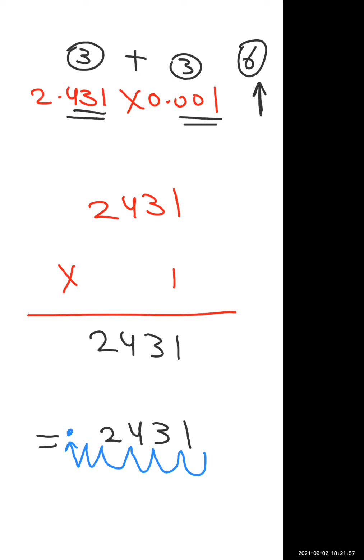So it will be here. How many empty decimal places are here? 2. So 2 places, this one and this one, double zeros. So the answer will be 0.002431. That's it.